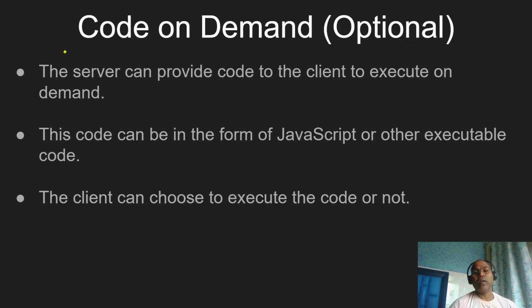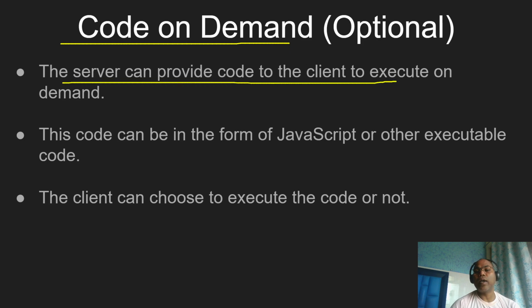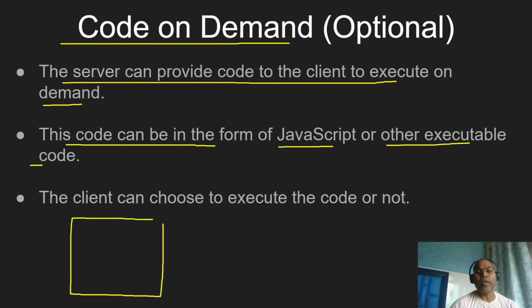And as I mentioned, REST also has the concept of code on demand. The server can provide code to the client to execute on demand. This code can be in the form of JavaScript or any executable code that you require. Generally, many applications nowadays are built so that all the images, JavaScript code, and HTML are stored inside the server.